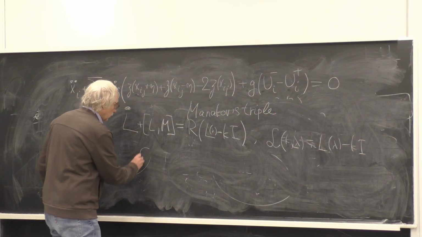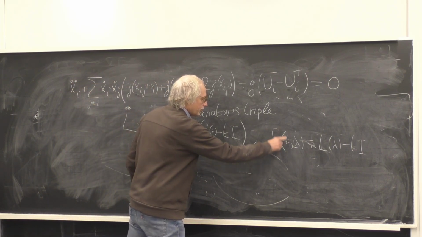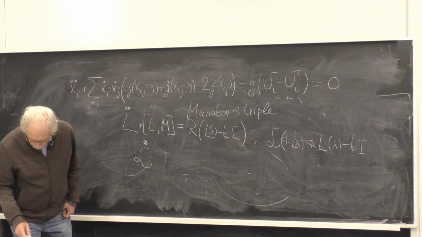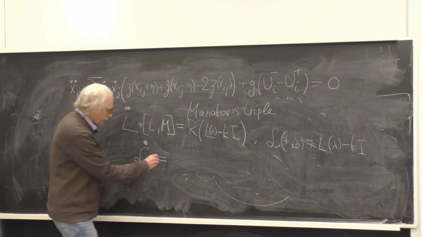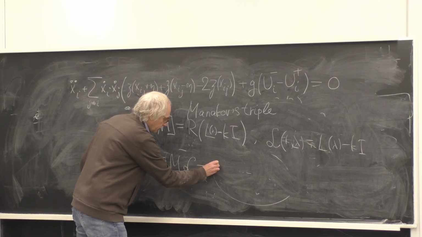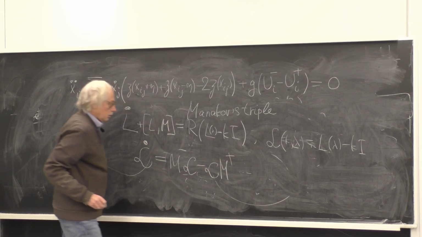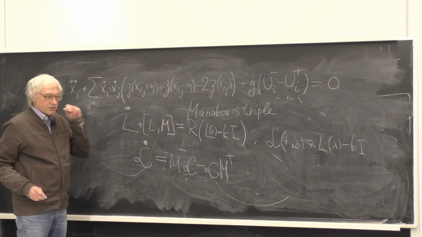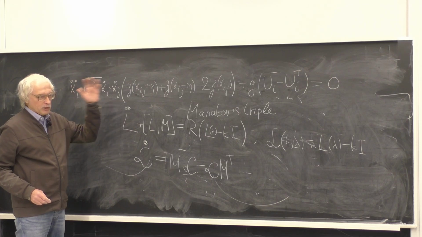Then, in terms of this letter L, the Manakov's triple representation looks like this, where M minus and M plus are some matrices, which I will show explicitly next time.